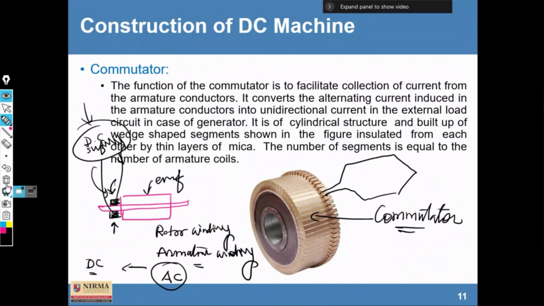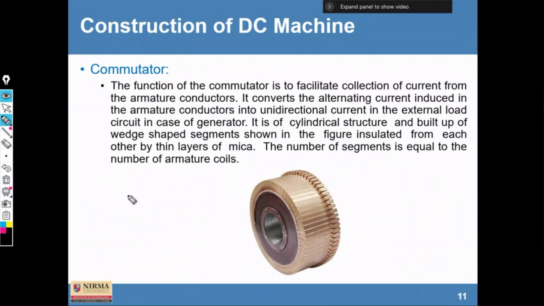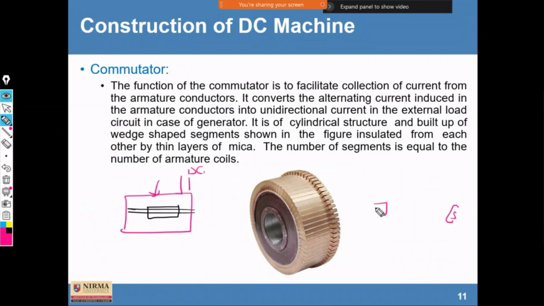In case of a generator, we are giving a supply to the stator circuitry. So to the stator we give what? DC. What will it do? The two poles will create N and S, creating a magnetic field. Then by means of some mechanical movement, a prime mover, we rotate this rotor in a particular direction, and hence EMF is induced in the rotor.